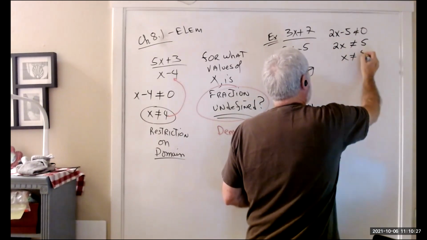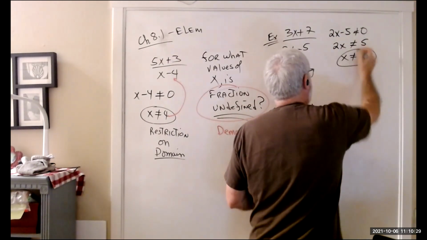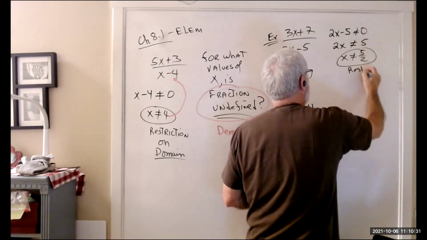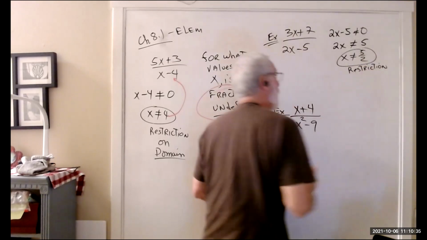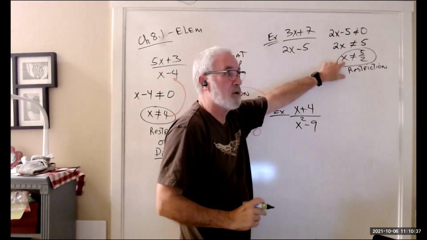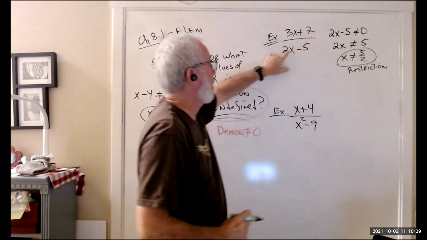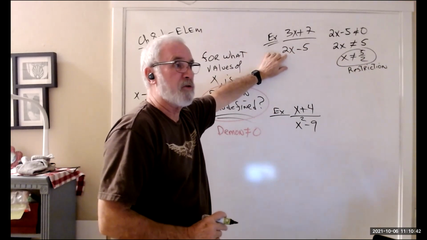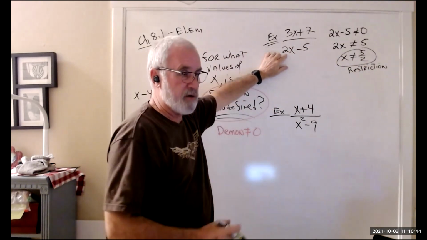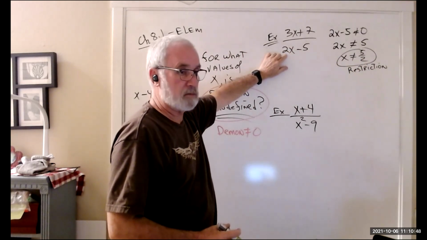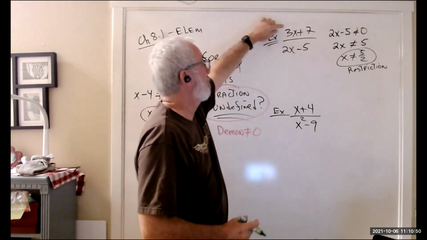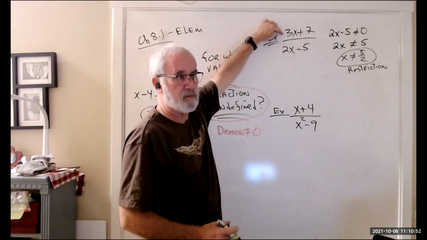X doesn't equal 5 over 2. So that would be called the restriction. X cannot be 5 over 2 because if it were, it would cause that denominator to be 0, which would cause the entire fraction to be undefined. Okay, again, the numerator had nothing to do with it.